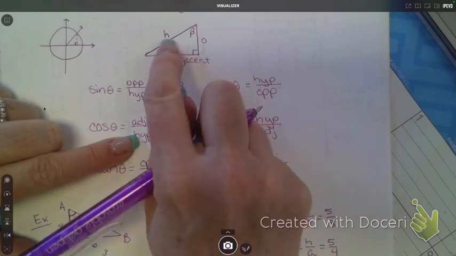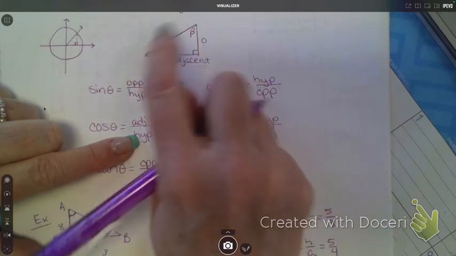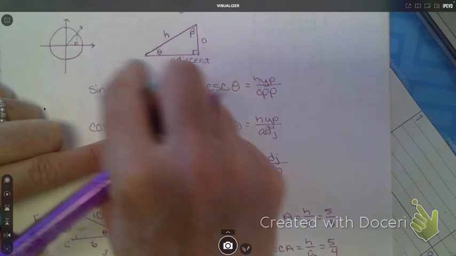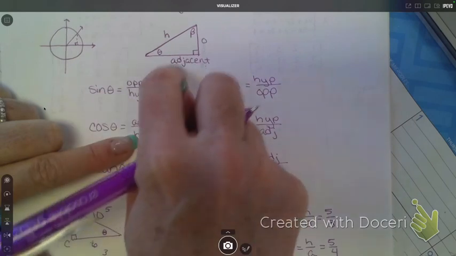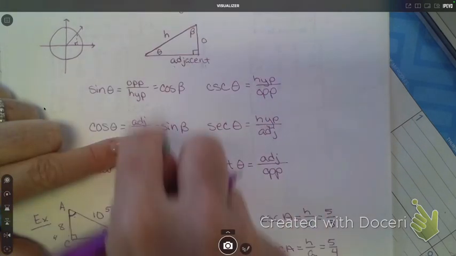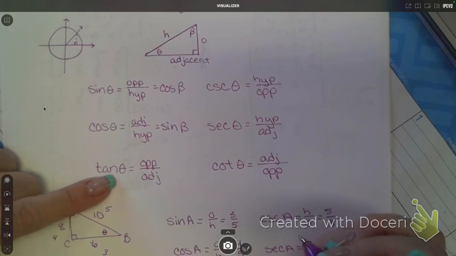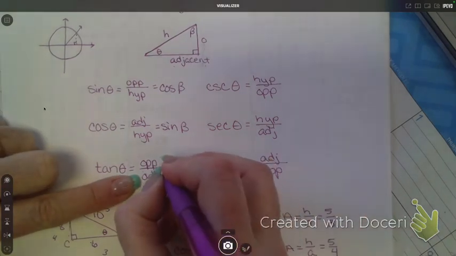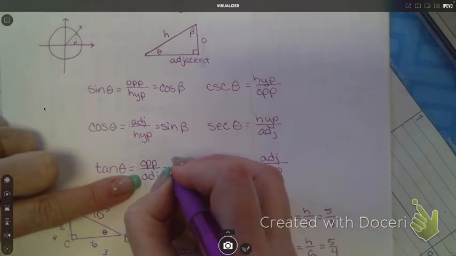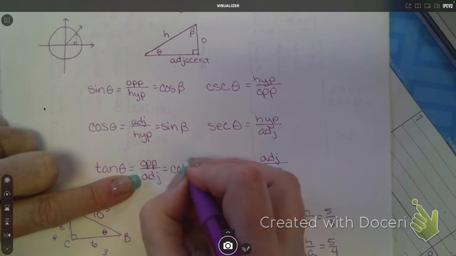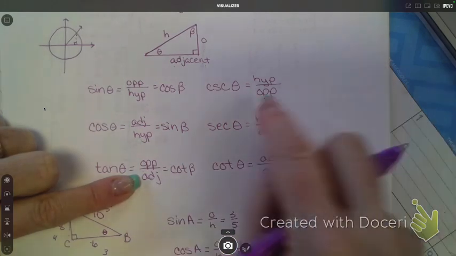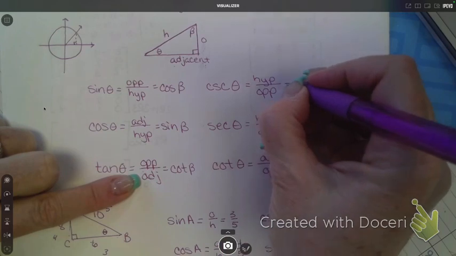Now, instead of O, A and H, if I had labeled this A, B, and C, and then had lowercase a, b, and c, you could see it that way too. The tangent of theta is equal to the what of beta? Cotangent. The secant of theta is equal to the what of beta?